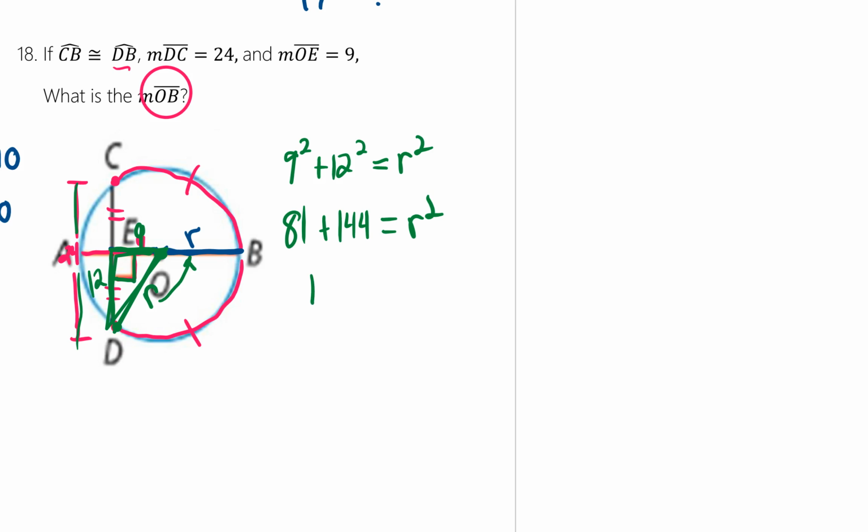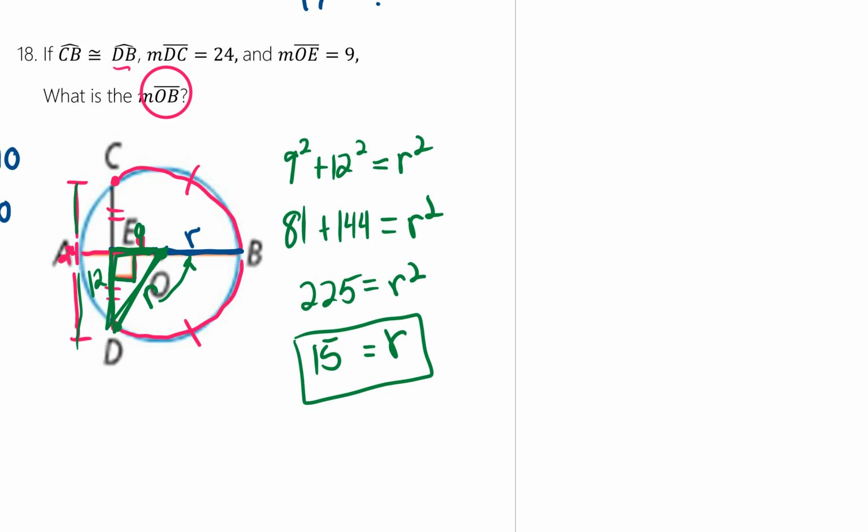We add those up and get 225 equals r squared. Now we take the square root of both sides and we get that our radius is 15. And that's it for that problem.